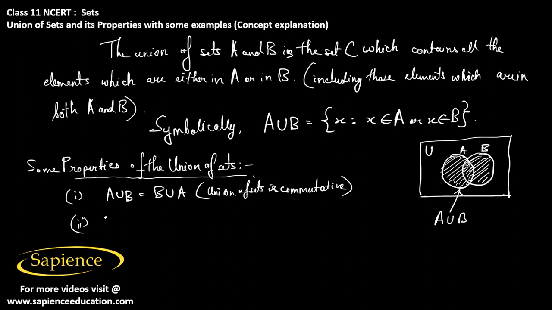Then A union B union C is equal to A union B union C, which is called the associative law. So it means that the union of sets is associative.